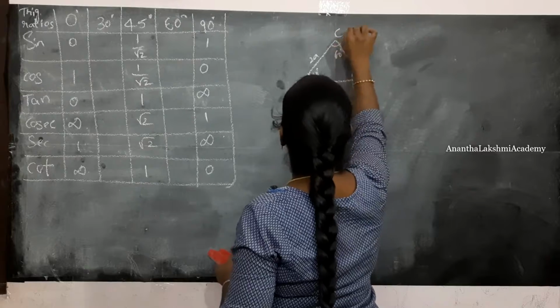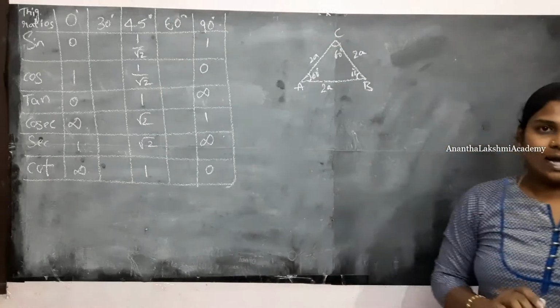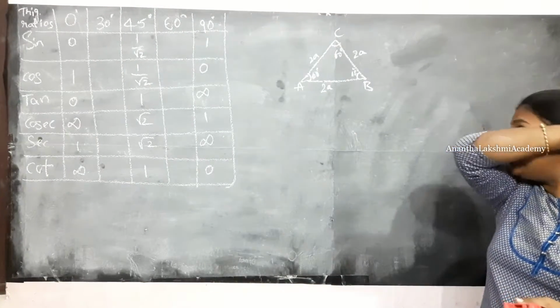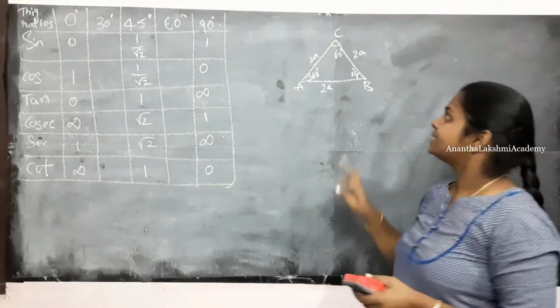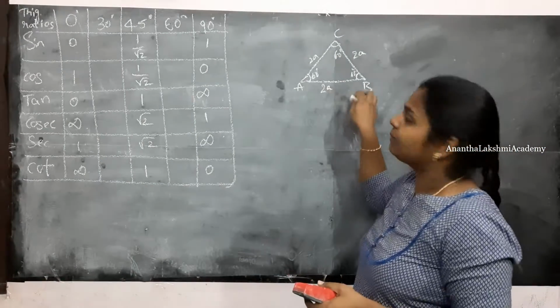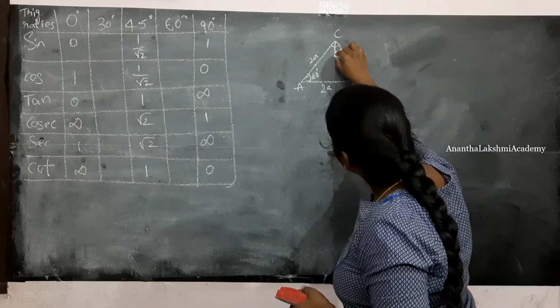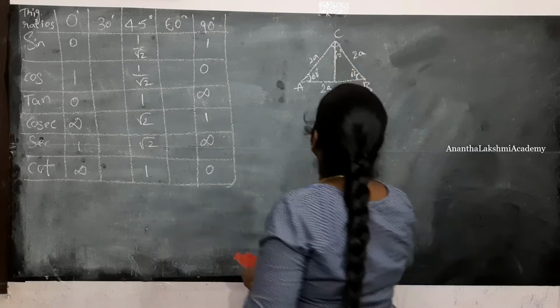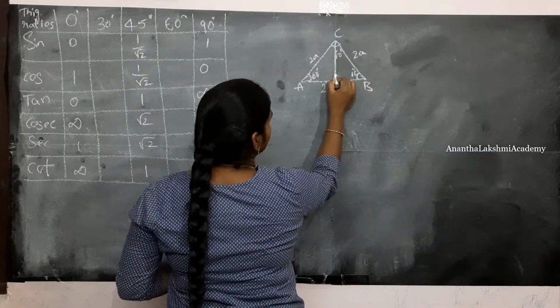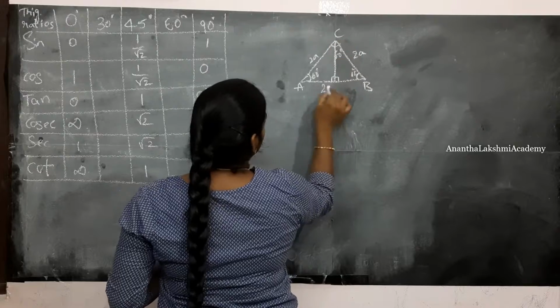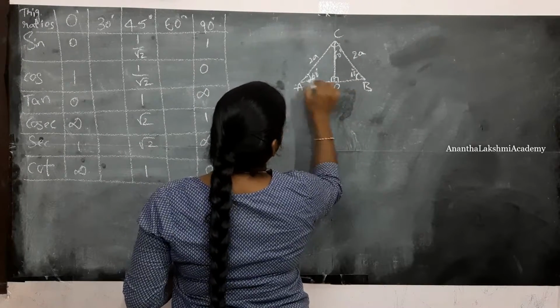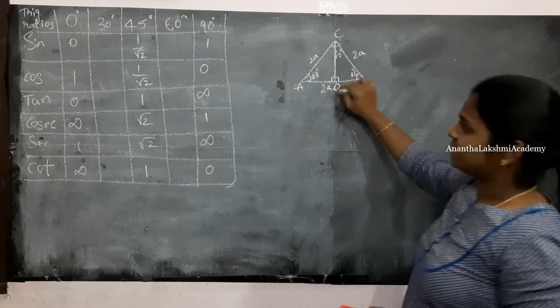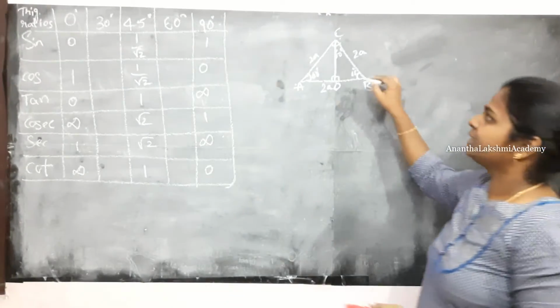A, B, C. Alright, now let me draw a perpendicular from C to AB such that this line is going to make a right angle for triangles ADC and CDB. Are you getting it?